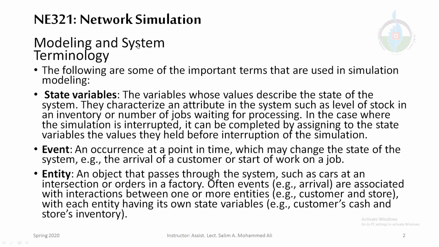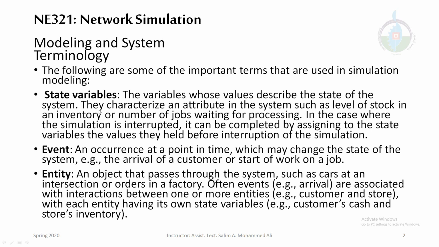Modeling and system terminology. The following are some of the important terms that are used in simulation modeling. Let's start with the state variables. The variables whose values describe the state of the system.